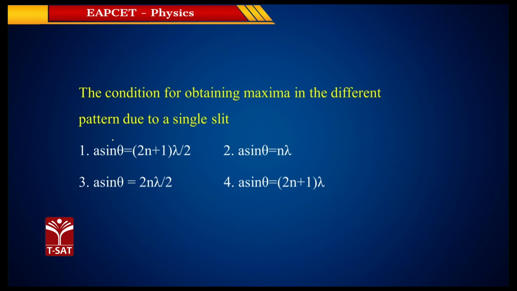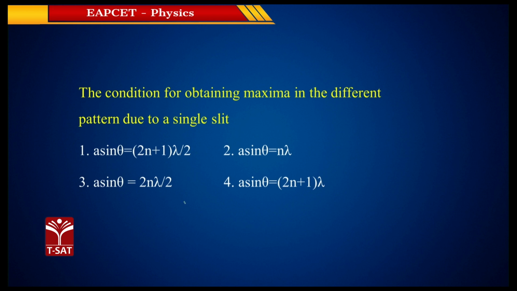Okay, here that is a single slit. You know the formula for diffraction. Here the condition for diffraction, the formula is a sin theta is equal to (2n minus 1) into lambda by 2.